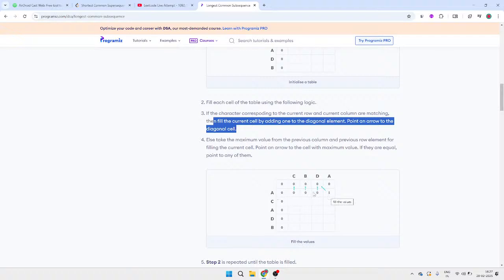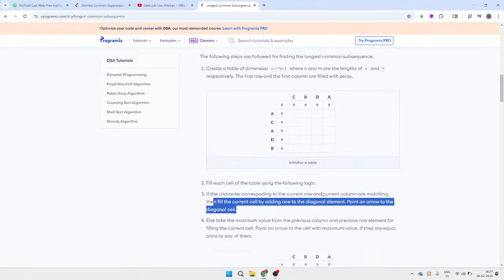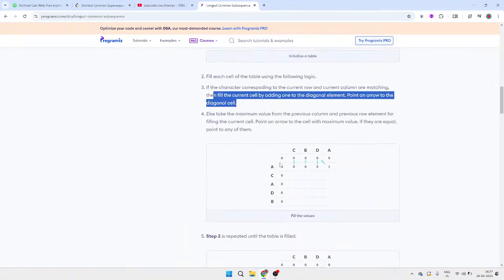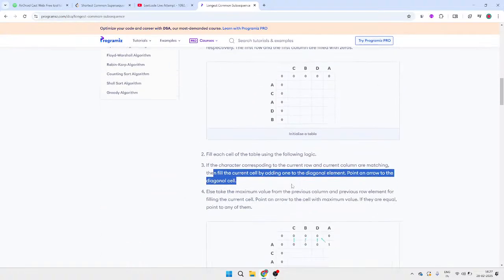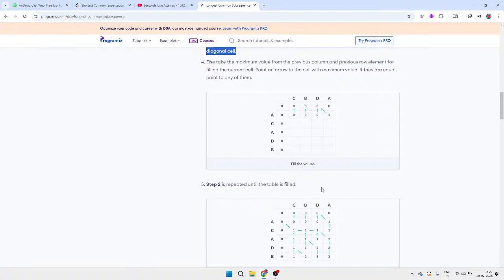This is basically the 0th index here and this is the nth index here, meaning the first index of this. Oh yeah, they have already said here. So this is A and this is A. CBDA. Yeah, it matches, so they kept it 1.